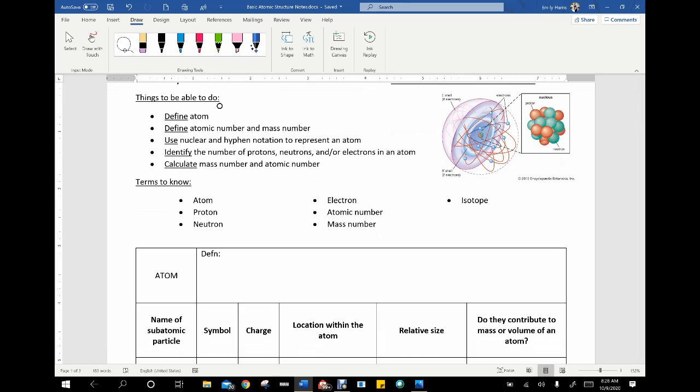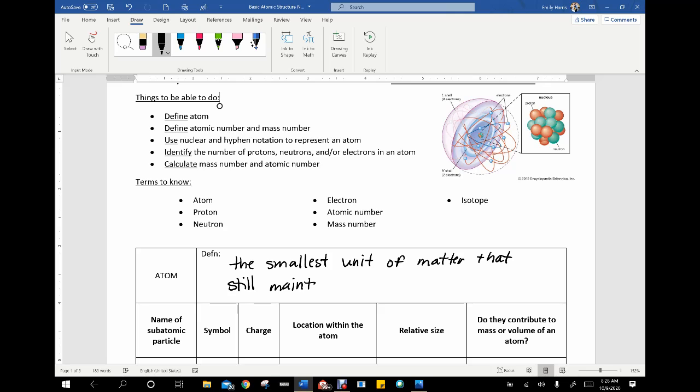By definition, an atom is the smallest unit of matter that still maintains its properties. Once you get down to an atom, that's as far as you can go in order to still maintain the same properties of a substance.